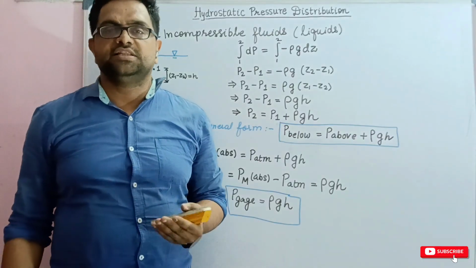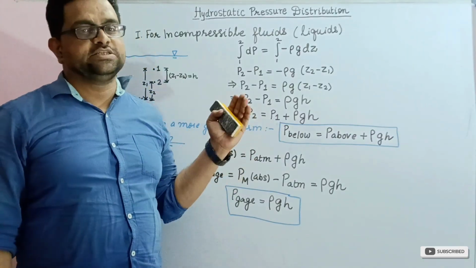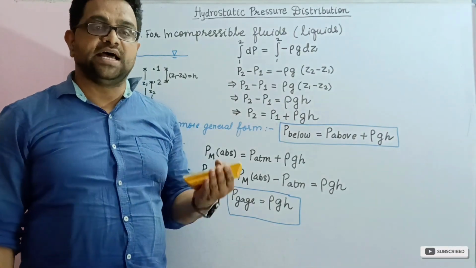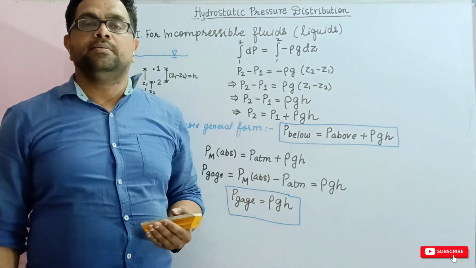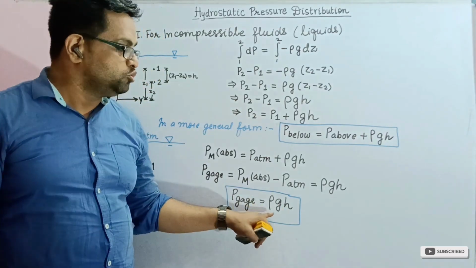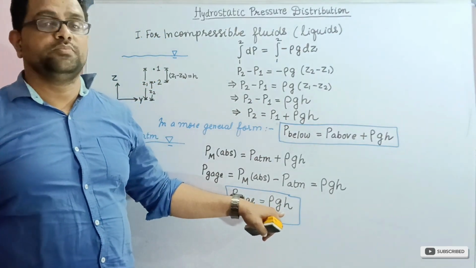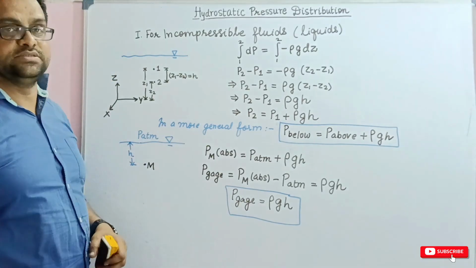This simply implies that the pressure at any point in an expanse of a stagnant fluid with a free surface exceeds the local atmospheric pressure by an amount equal to rho g H, where H is the depression or the vertical depth of the point from the free surface.